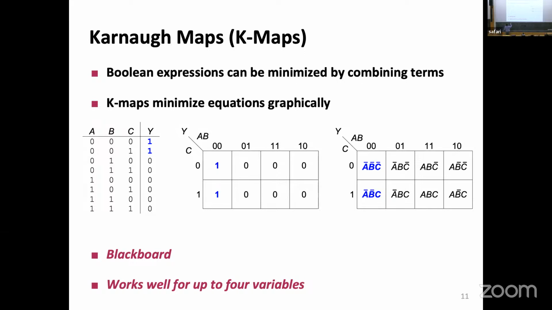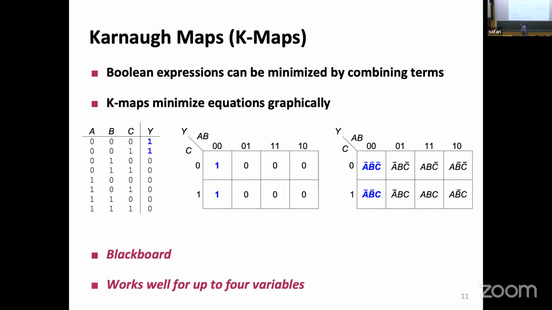Okay. So what is the function? This goes 1, 1, 0, 0, 0, 0, 0, 0. And now what we do is I have 3 variables, and that means 2 to the 3, 8 different sections. So I draw this funny box. There's a tricky part to it, so be careful here.